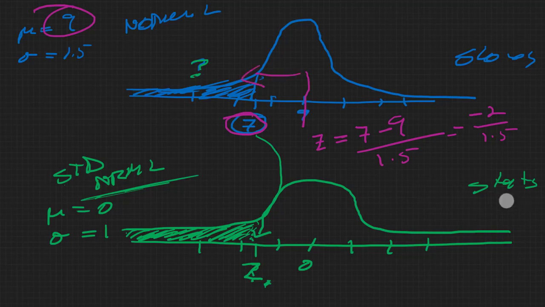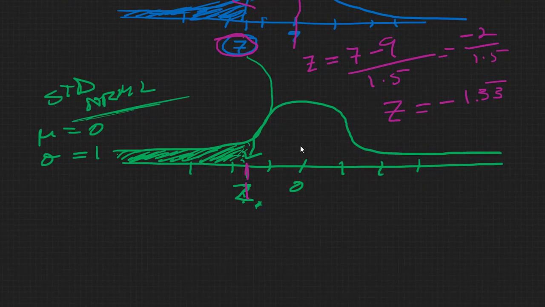Let me get some working space here. Negative 2 divided by 1.5 is going to be a z-stat of negative 1.33. So on this board, I know that I am at negative 1.33, and I can measure everything left of whatever this is at negative 1.33.